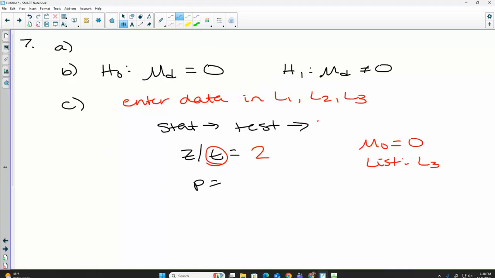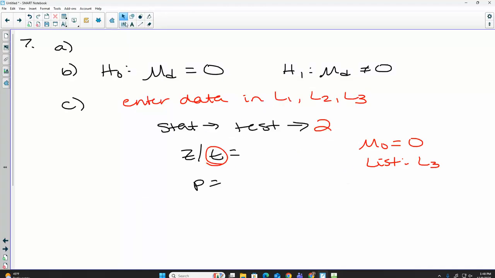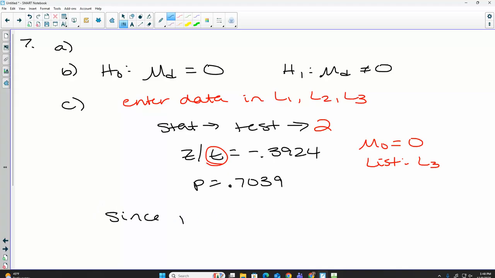So when we do that, we get our T to be negative 0.3924. And our p-value is 0.7039. So since p is greater than alpha, fail to reject.